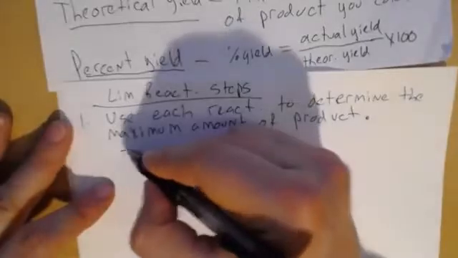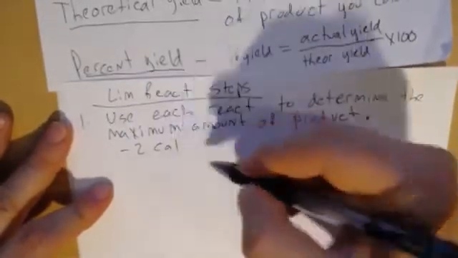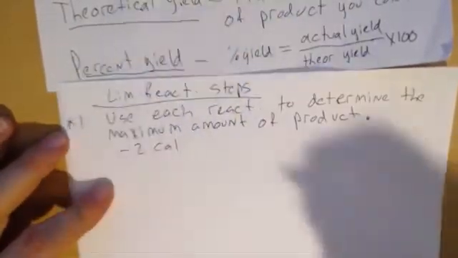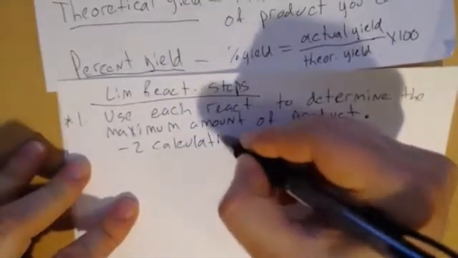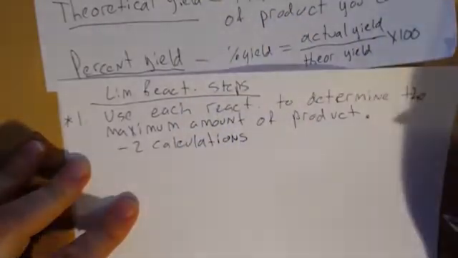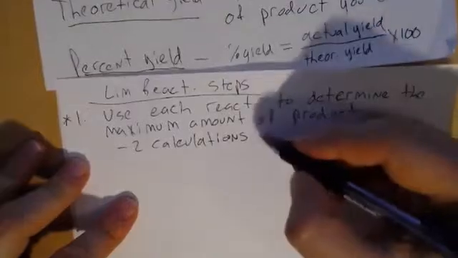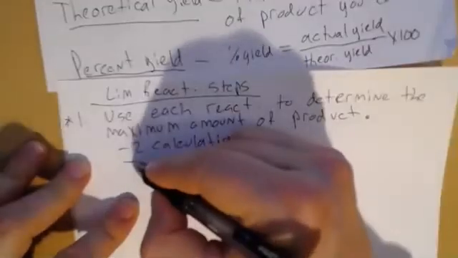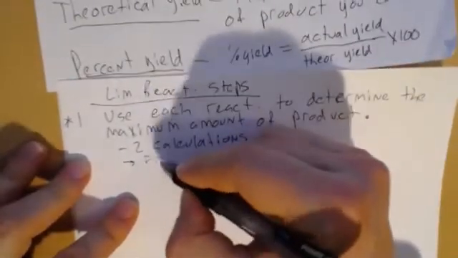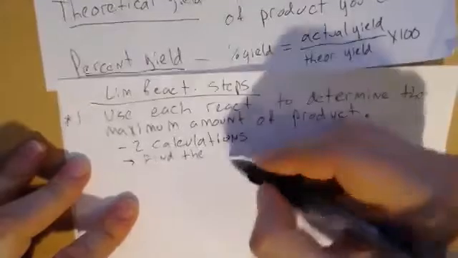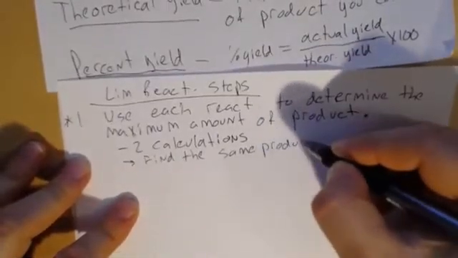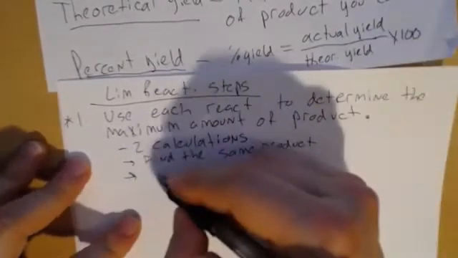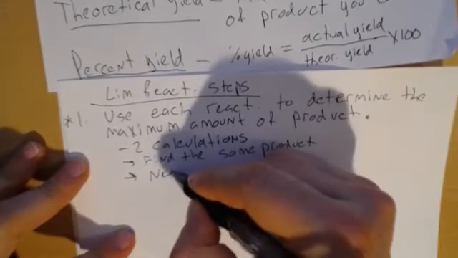There's a stipulation for this. It's 2 calculations. The first step's the hardest step; the other should be easier. It's 2 calculations, and they should find the same product. And then lastly, you need a balanced equation again.